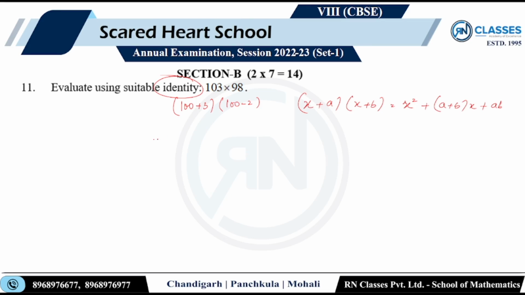So this becomes 100 square plus 3 plus minus 2, b की value minus 2 into 100 plus 3 minus 2. This becomes 10,000 plus 3 minus 2, that is 1, that will become 100, minus 6, that will become 10,094, right? This is the right choice.